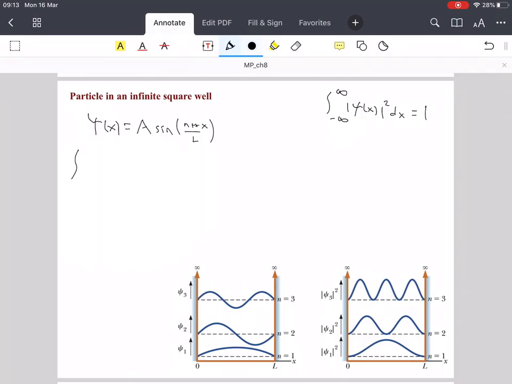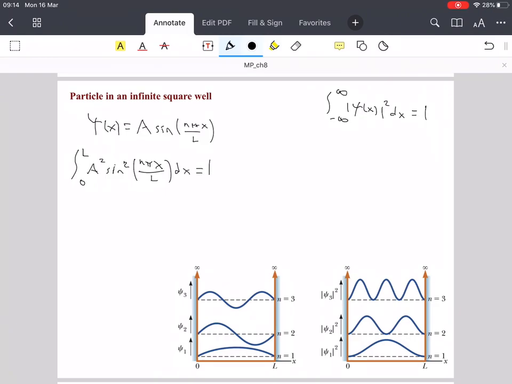So we can now put that in, that we have from 0 to L, and then we can just put in that psi squared is A squared sine squared of n pi x over L dx is equal to 1.